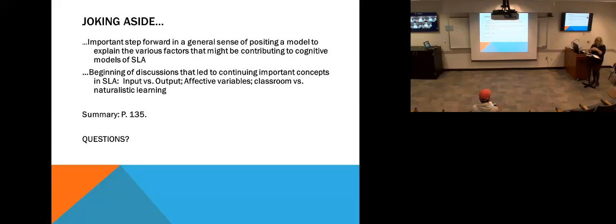Affective variables, this idea of either production or perception. If you expand out from Krashen's idea of the affective filter, we now look at affective variables across the board. How do they affect how we learn? How do they affect how we produce language? Is there an ideal language learner?